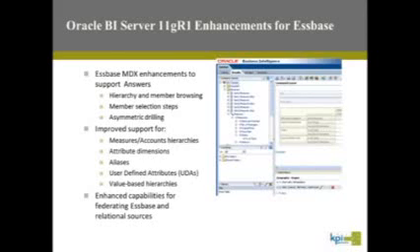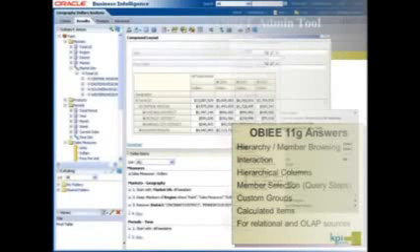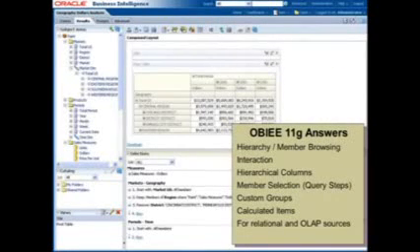Member selections, being able to go through and use aliases, value-based hierarchies, and being able to leverage that rich metadata functionality of OBIEE from an admin tool. So a lot of the very things that we see OBIEE 11G bringing into it as far as functionality have been a lot to support those multidimensional sources, which has enriched its capabilities around the relational.